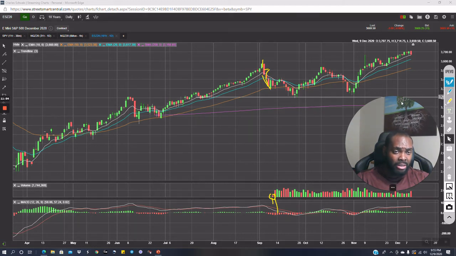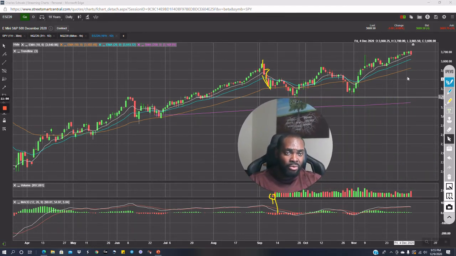Okay, that is one way we use the volume to spot, is this a sell-off or is this a pullback? Also, if we come over here and look at today's action, we can see that price was coming down pretty hard. Okay, and what do we have? We have volume greater than the buying volume of yesterday. So this is a sign, okay, that the market is potentially looking to roll.